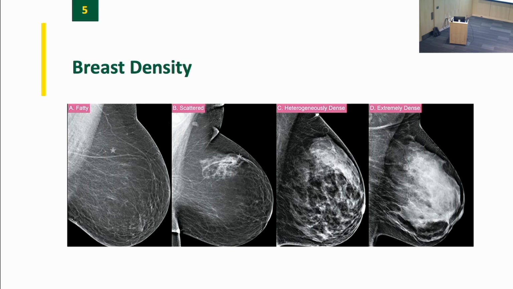Why does it matter if somebody is fatty versus dense? Tumor masking, right? In a dense breast, it's harder to see a tumor because X-ray is a measure of density. X-ray just displays density.